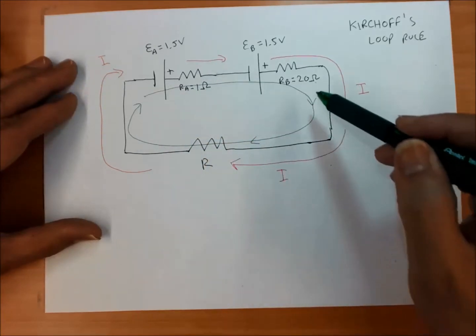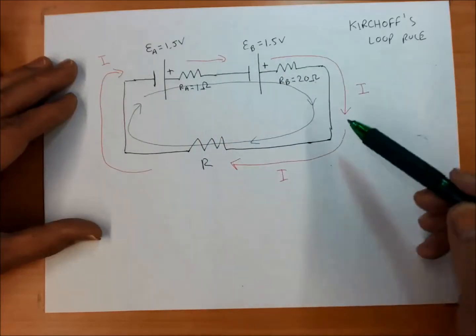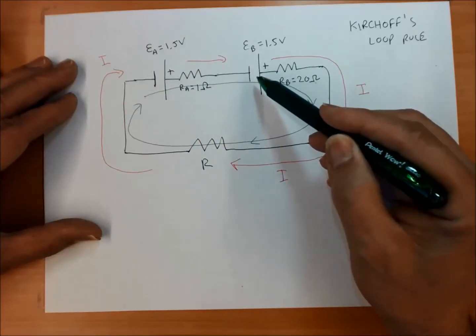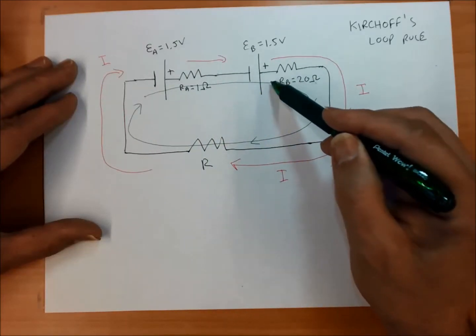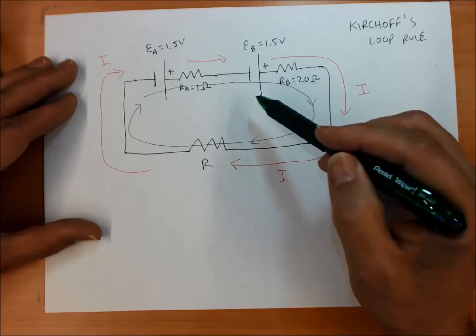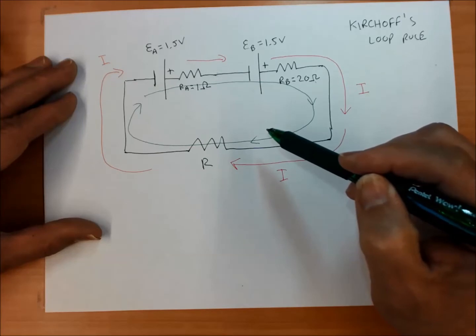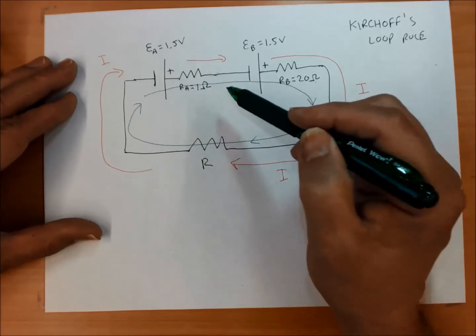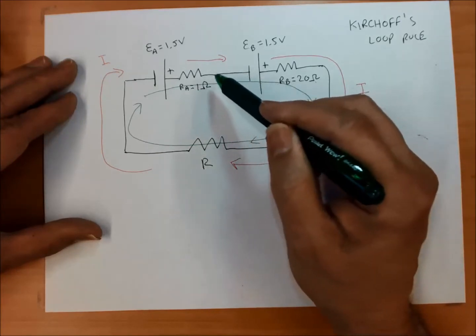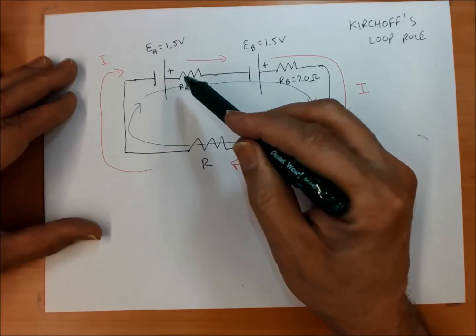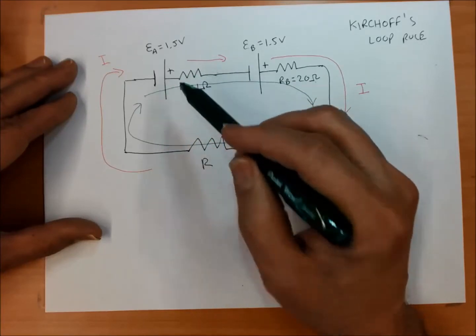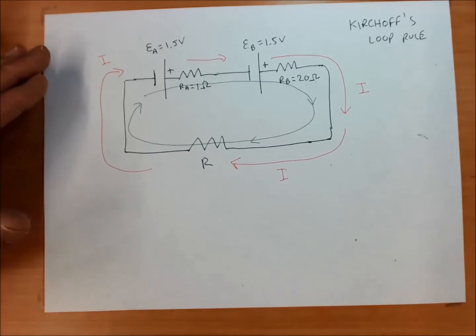Now, if I were to draw the loop backwards, if I go backwards through an EMF, in other words, I'm going from the plus side to the minus side, that would actually be a negative voltage change. That would be like a voltage drop. And if for some reason I draw my loop so I'm going in the opposite direction of the current flow through a resistor, that would actually be a voltage boost instead of a voltage drop.